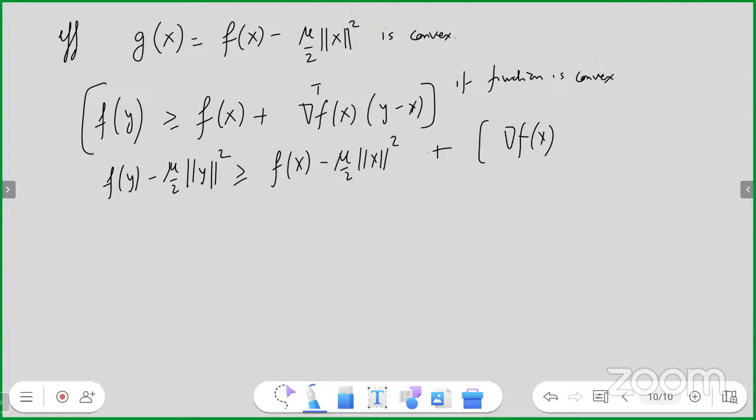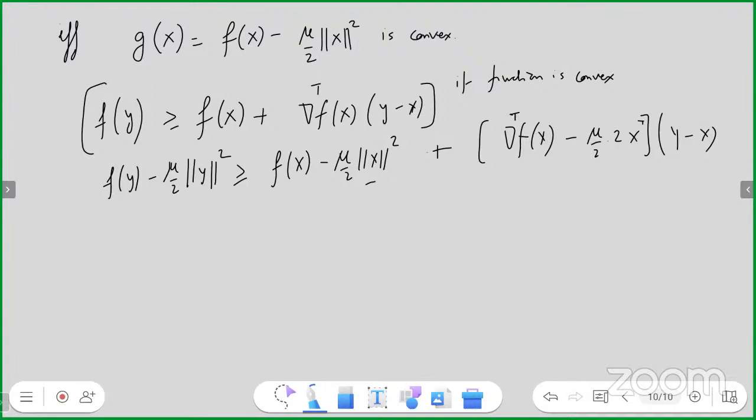So I'm applying this g function to this and opening it up simultaneously. So this is f of y minus mu by 2 y square. This is g of x as it is, plus the gradient of g. What is the gradient of g? Gradient of f minus mu by 2 times 2x transpose. And y minus x as it is.